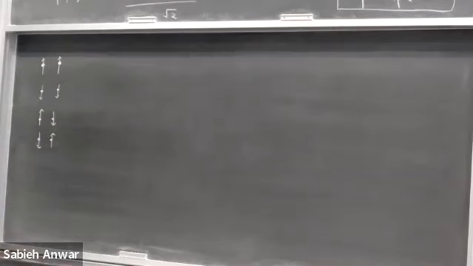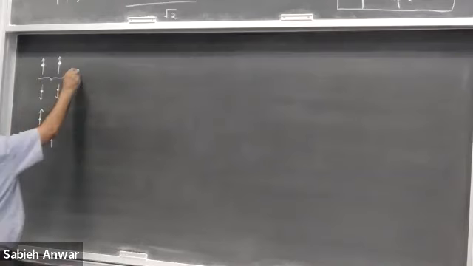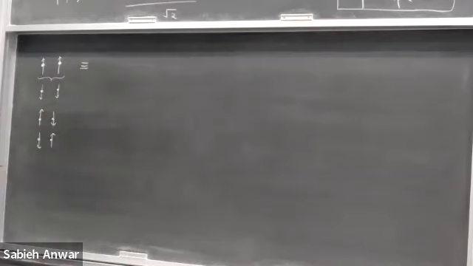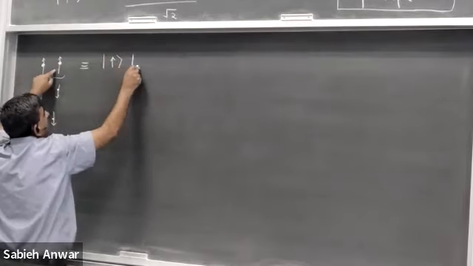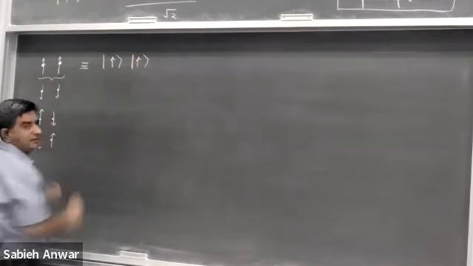Now, if you look at this configuration, I can represent this in quantum notation. So on the left, I have the first electron and here I have the second electron. So I could write this as ket up, ket up. Okay.